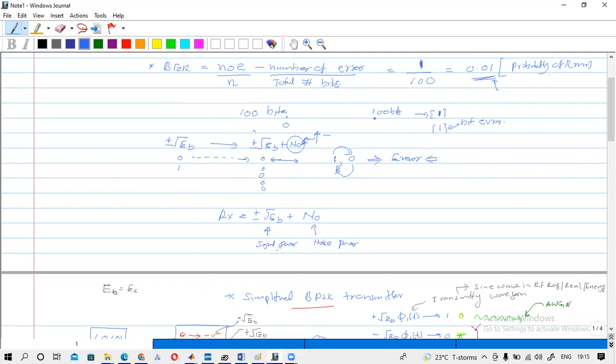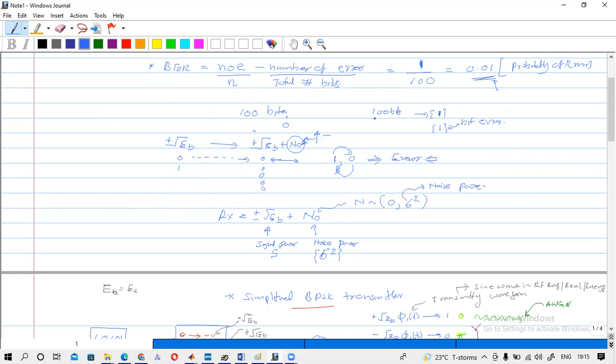Let's say that signal power is S and noise power is N, or let's say sigma squared. You can remember that this N naught is Gaussian noise, a zero mean, sigma squared variance random variable. So this sigma squared is related with the noise power.